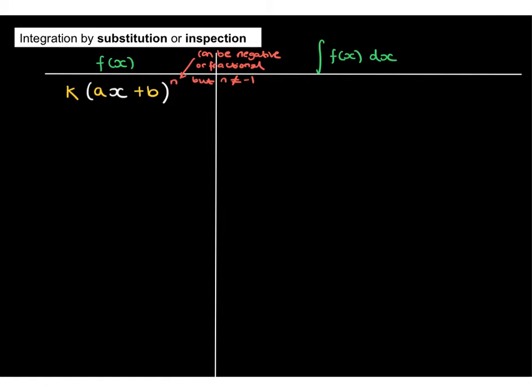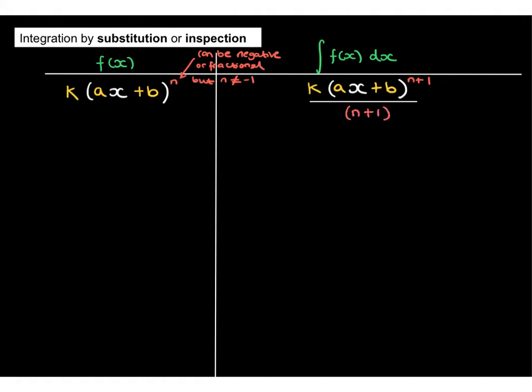Now, the integral of this function will be k times (ax + b) raised to the power of n plus 1, and then the whole thing is divided by this new power of n plus 1.